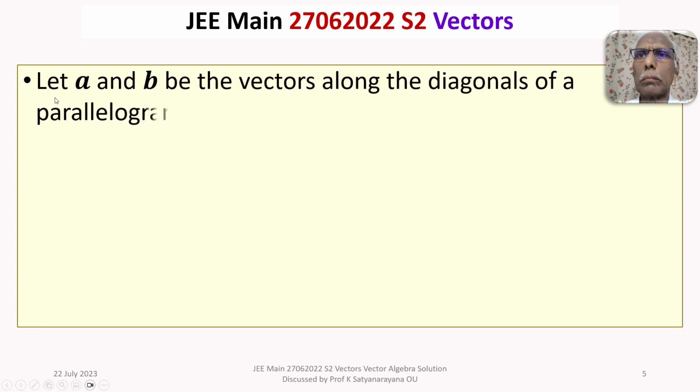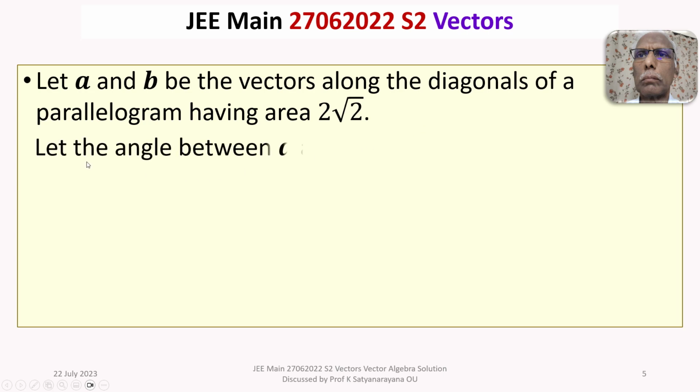The given question is: let A and B be the vectors along the diagonals of a parallelogram having area 2 root 2. Let the angle between A and B be acute.